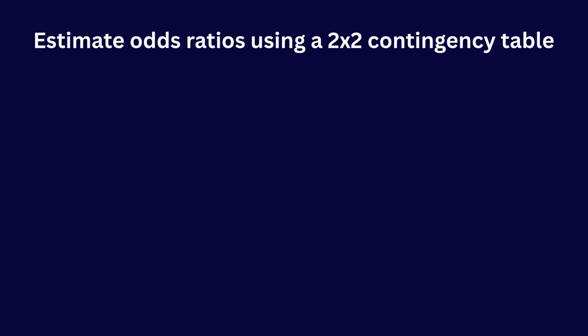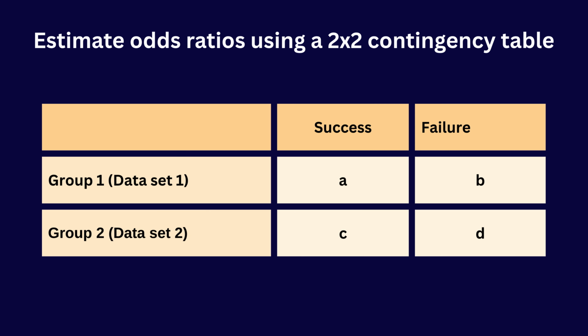We often estimate the odds ratio using a 2 by 2 contingency table. Suppose you have data organized like this. Then the estimated probability of success in group 1 is P1 hat. Normally we use P1 for the probability of success, but here we use P1 hat for the estimated probability.